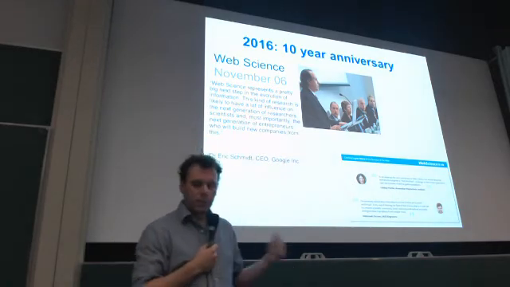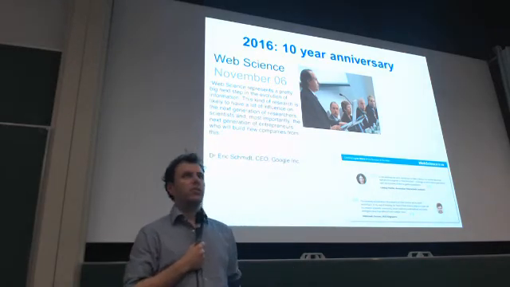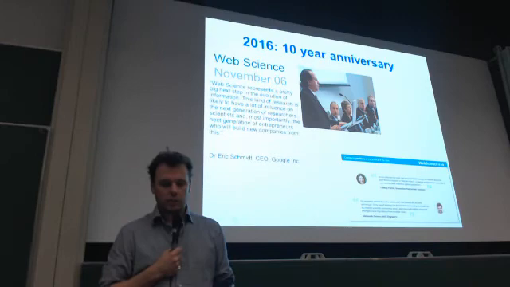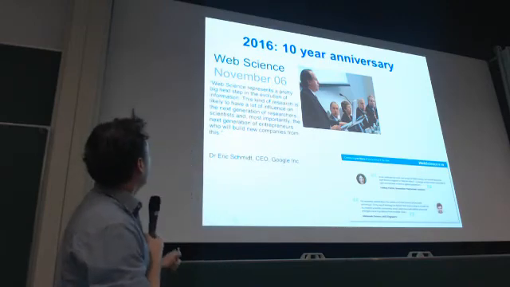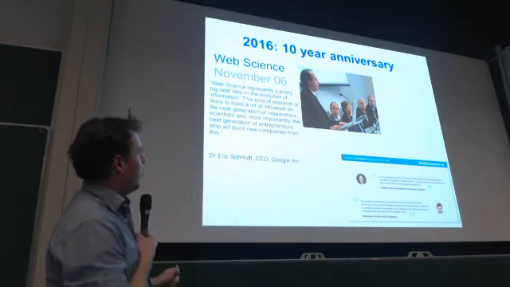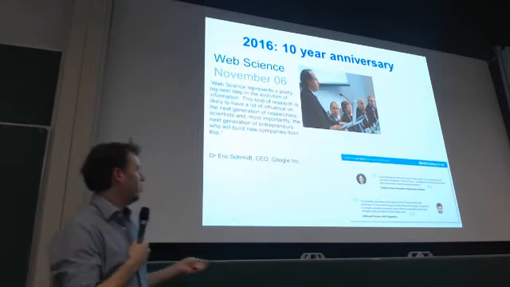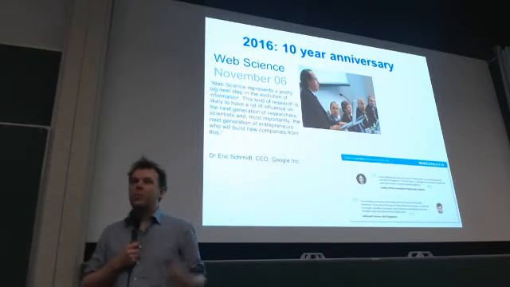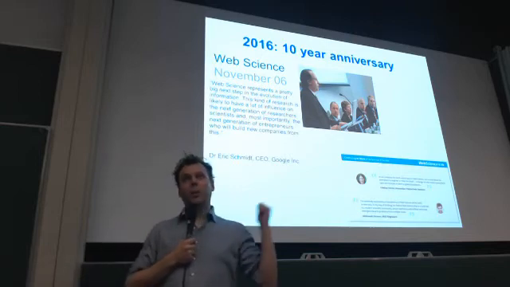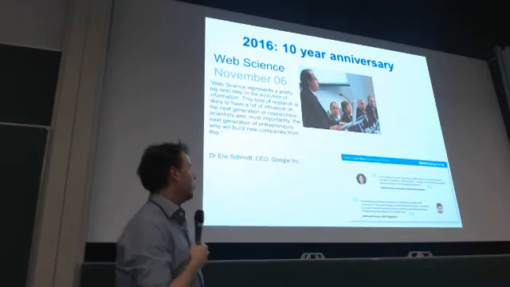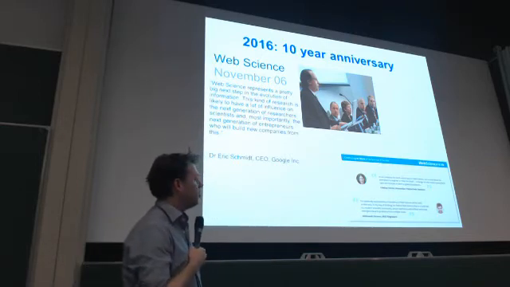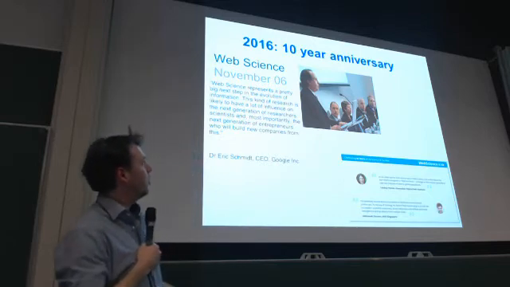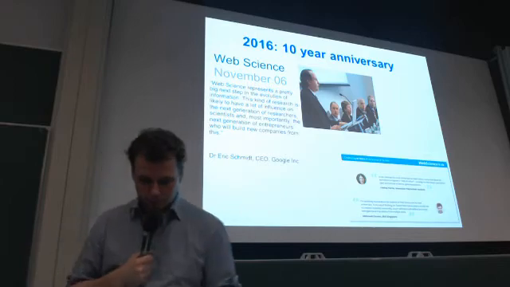There's a Web Science Trust, which was started in 2006, and this was at its celebration in 2010. It's basically a recognition that this makes sense, not just from an academic perspective, but also from very important companies on the web, like Eric Schmidt, the CEO of Google. There are all kinds of interesting quotes that you can read here about how important web science is.